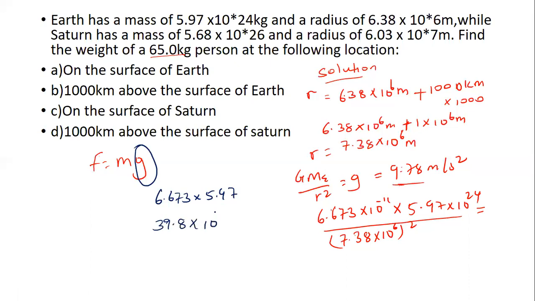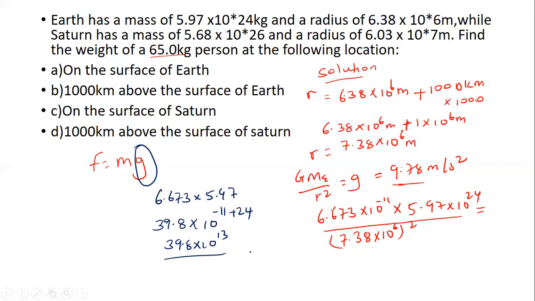Times 10 raised to negative 11 plus 24 is 13. So 39.8 times 10 raised to 13 divided by 7.38 squared.